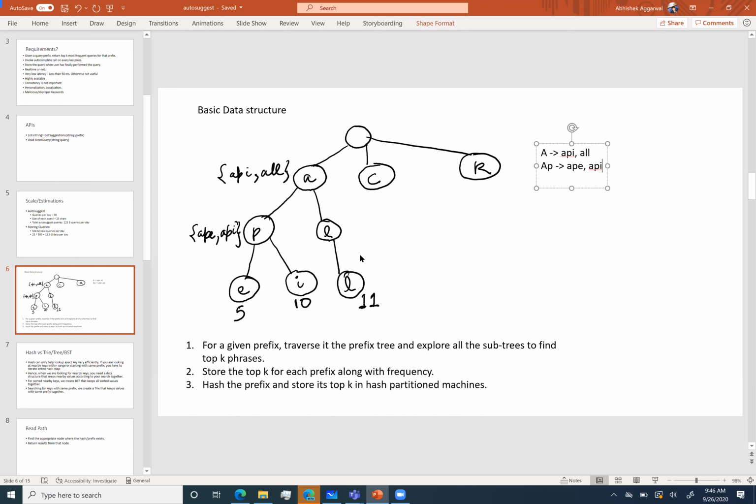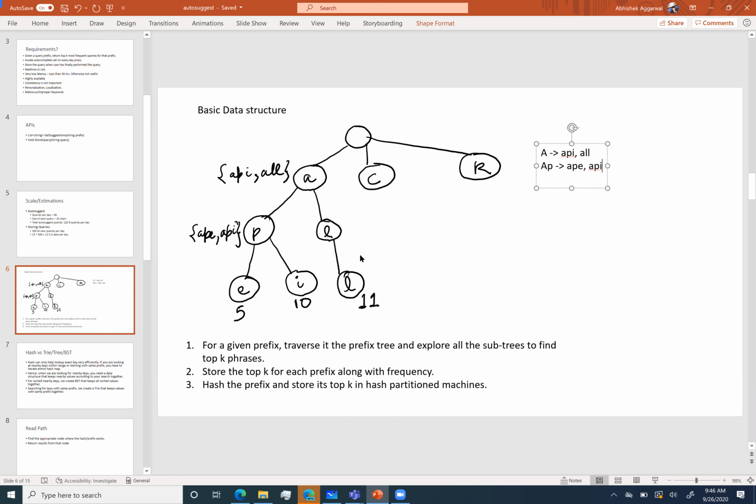Which means that A can have up to 26 children, and each of those can have 26, and it can keep continuing. It's not just 26, but many other branches. So when we build the trie, at that time we know the word reference.